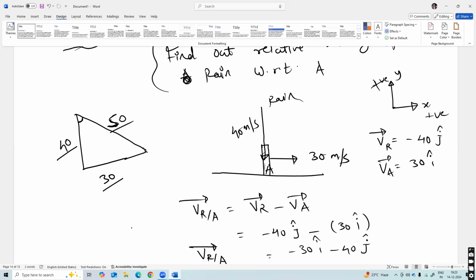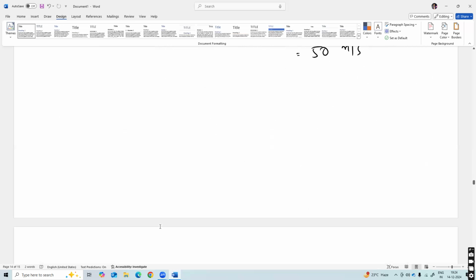So if now they give you some velocity, in this case you can find out these angles. So this is 40, 30, 50, so this angle is 53 degree, this angle is 37 degree. You should know this triangle, which is basically the 3-4-5 triangle, okay. So from this we know the angle.